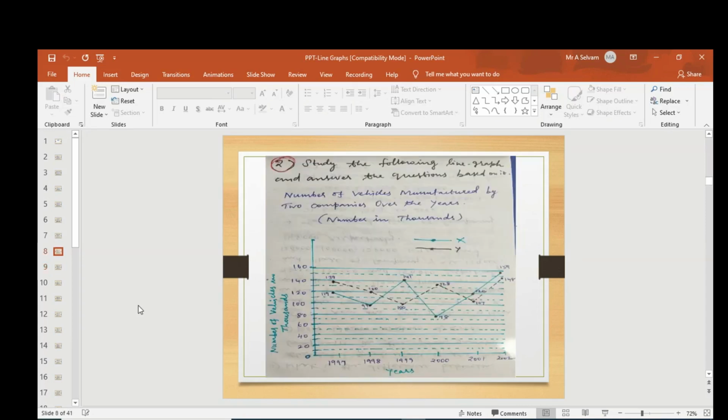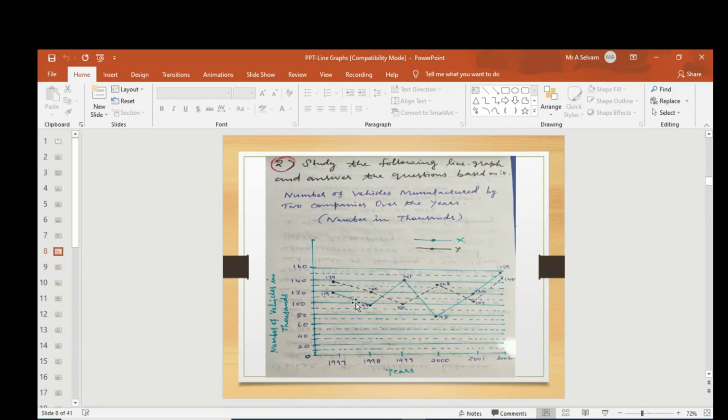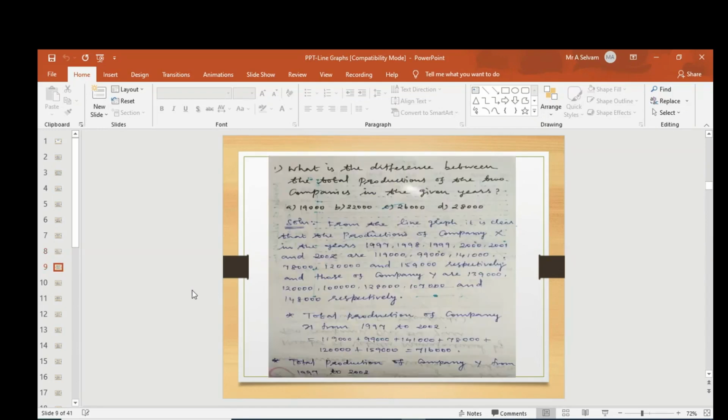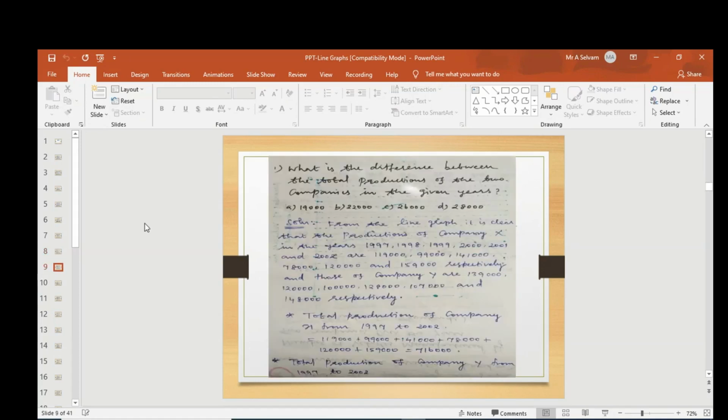I told you, 119 is there, but you have to consider 1,19,000. Then the 99 value is in 1998, so 99,000, because they gave the key point, numbers in thousand. Likewise we have to take all those values from the line graph respectively.